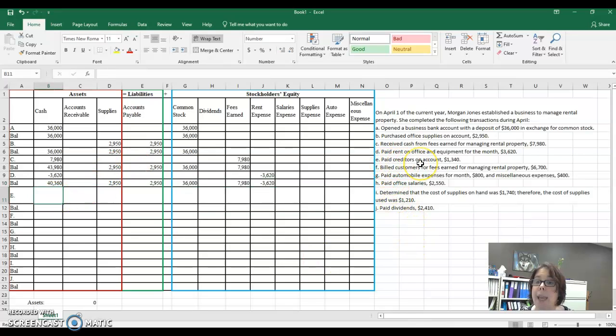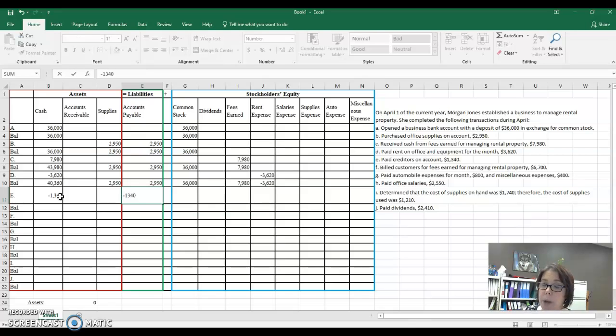E, we paid creditor on account. Remember when I said that we have accounts payable where we owe money later? Well, we're actually going to pay some of that now. So we reduce our cash by the $1,340, and we're going to reduce our accounts payable by the $1,340. I'm just going to auto sum these. It didn't work, I guess. Let's try this again.